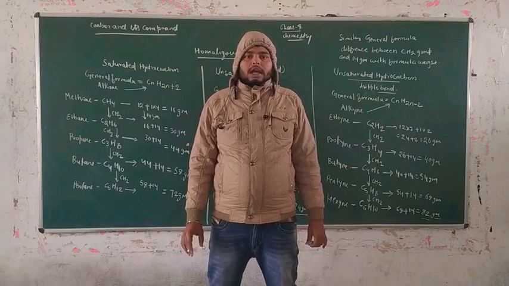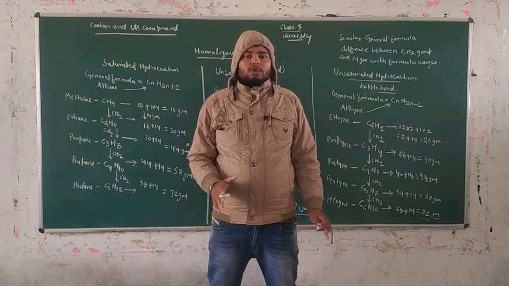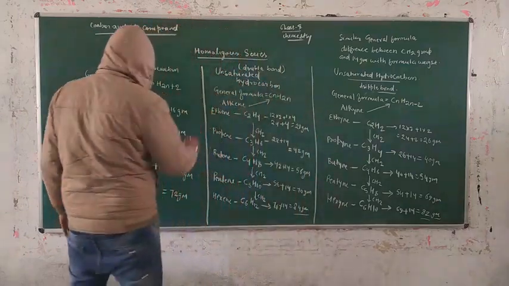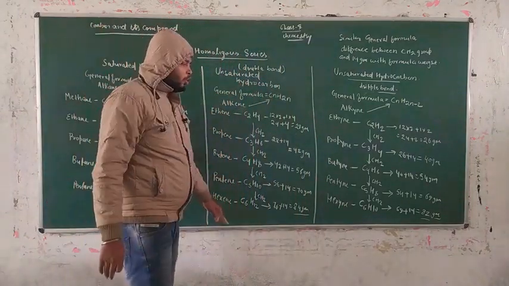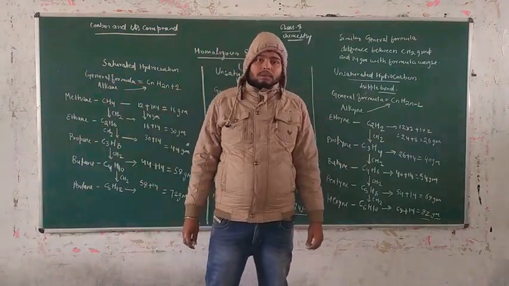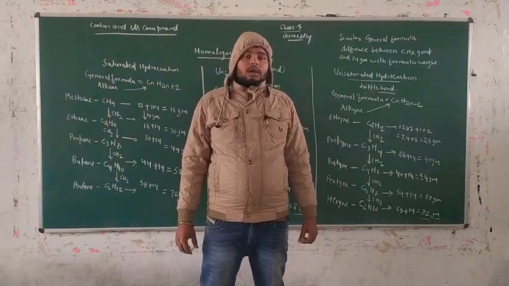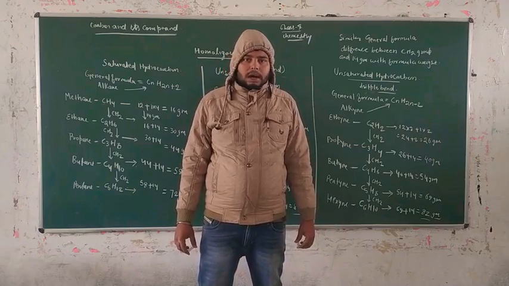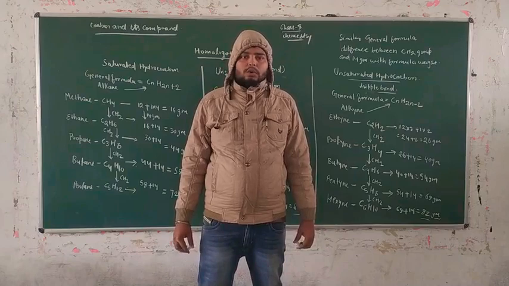Those are called isomers of each other, just like these are called homologs of each other. In isomerism, we check that these are called isomers of each other, and the complete concept and process is known as isomerism.